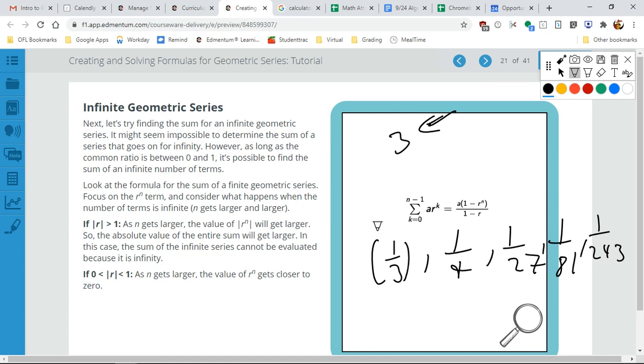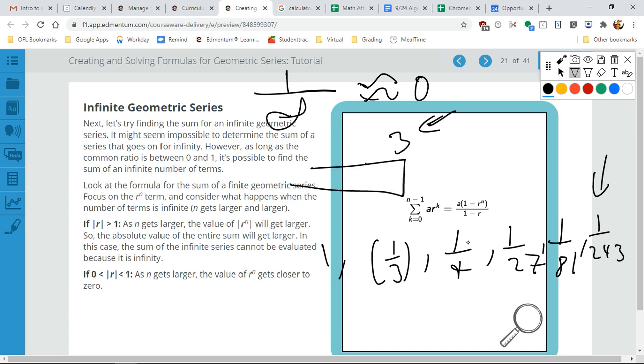So what I'm doing here is I keep multiplying by 1/3, right? Assuming that my first term was 1. Well, what's happening is this number is really, really small. Basically, what happens when 1 over a number gets so big, it's basically 0. Think about it logically.